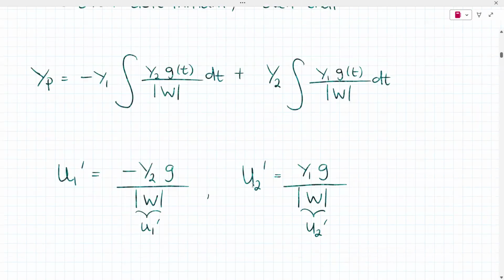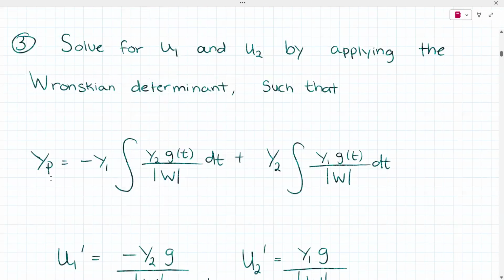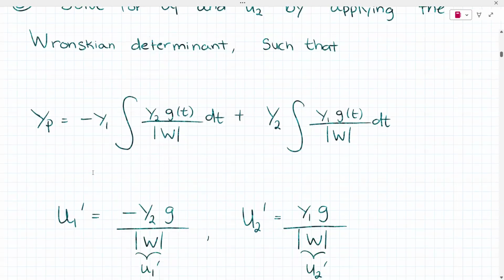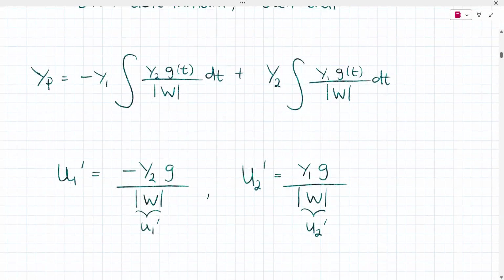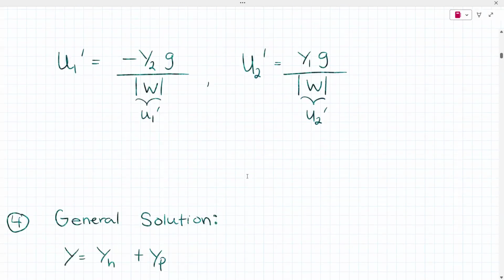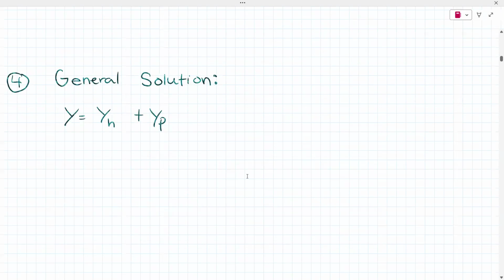So you get your yp, and this is how you find your u1 prime, and this is how you find your u2 prime. It all comes together, and then step 4, we put it in the general solution. So your general solution is yh plus yp. Okay, so this all makes sense.